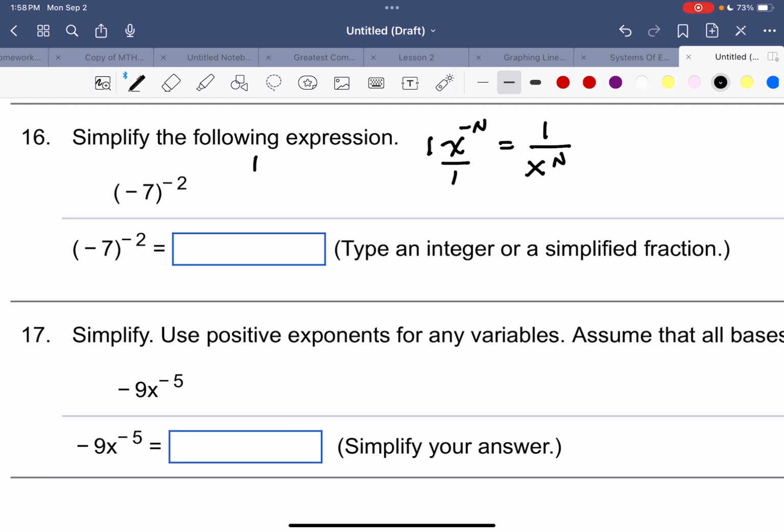So this is going to be 1 over negative 7 and then squared. Now look, I took the whole base to the denominator. I kept it in parentheses. So that's going to be a negative 7 times a negative 7, 1 over 49. All this exponent told me was that that base is going to end up in the denominator.